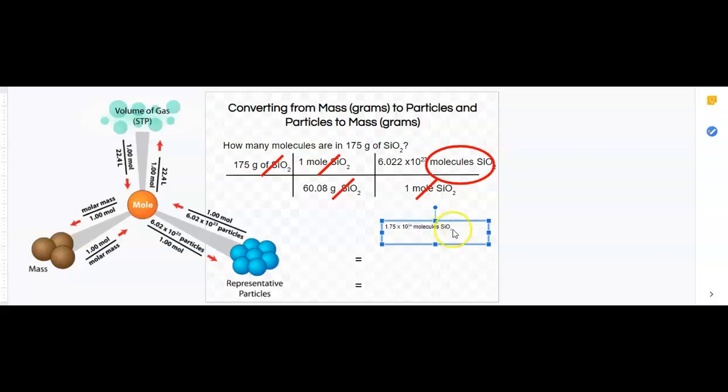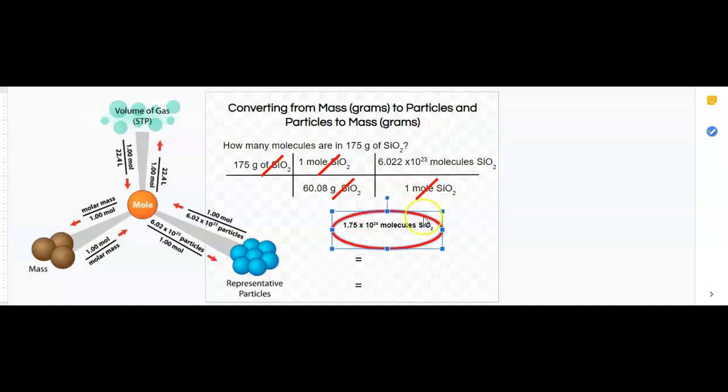Let me make that a little bit bigger. I'm going to walk through the remaining examples on this note page. I encourage you to watch them all. Again, I'm going to drag this down to my final answer: 1.75 times 10 to the 24th molecules of SiO2.